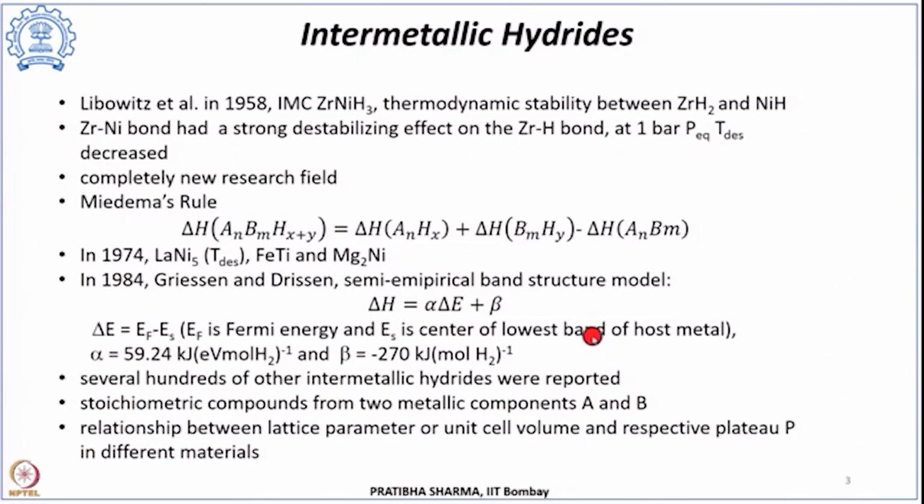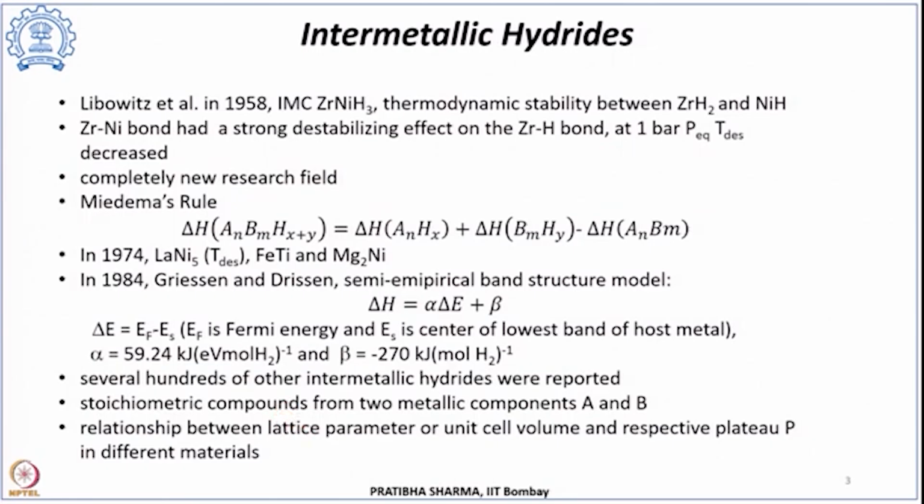Now, after this a wide number of intermetallic compounds were reported. It was found that the hosts of these intermetallic compounds generally are ordered stoichiometric compounds, formed from two metallic components A and B, in various compositions forming nearly stoichiometric compounds.